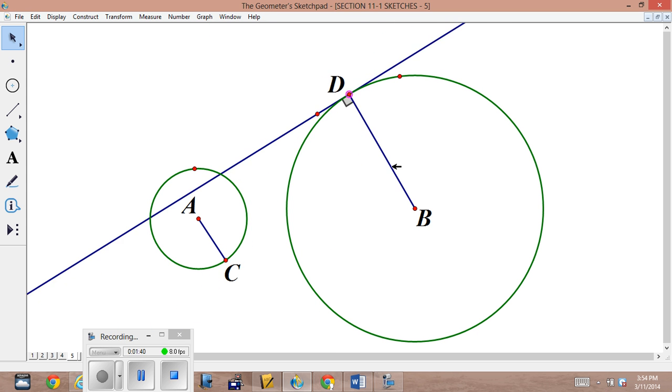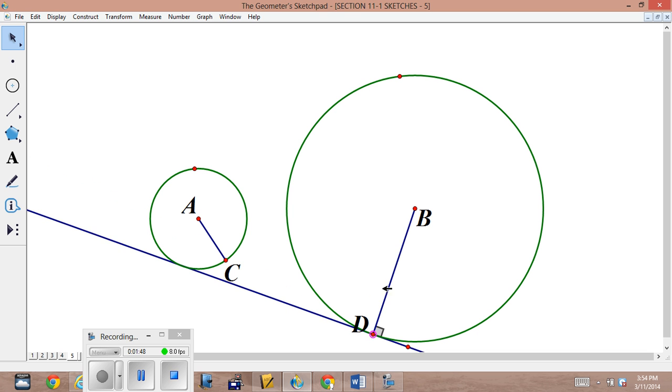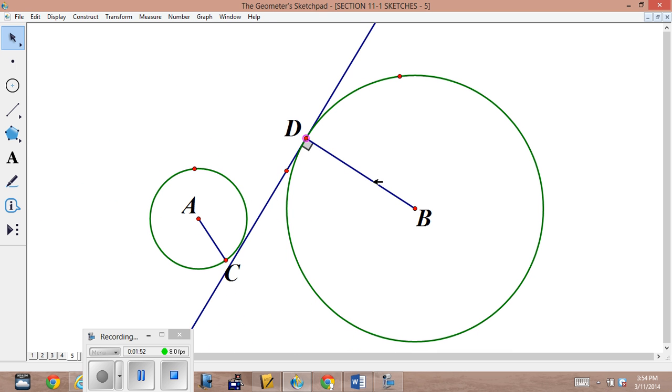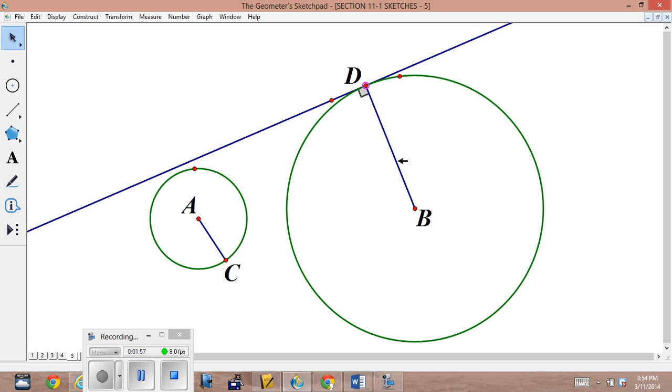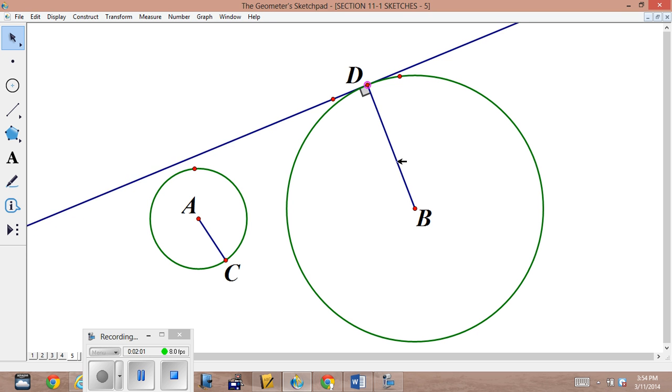So for future reference, between any two circles that are not touching, we got 1, 2, 3, 4 common tangent lines.